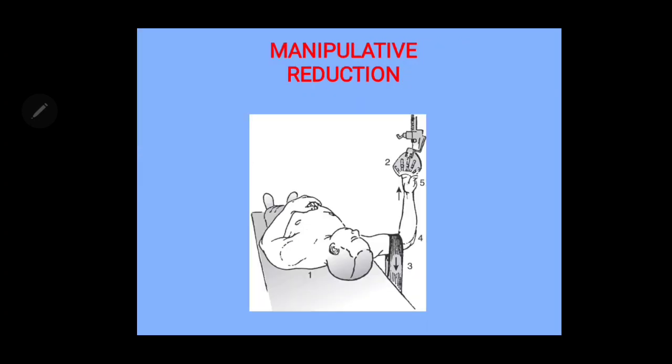This is another way we can perform manual reduction, but in some cases you should apply much more force and for a longer period of time than you can do by hand. Another reason for this type of reduction is when we use a special device, a special apparatus for reduction.